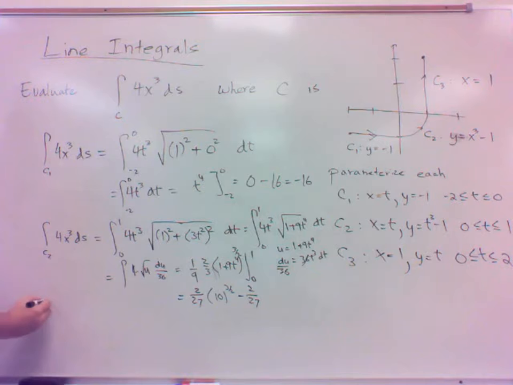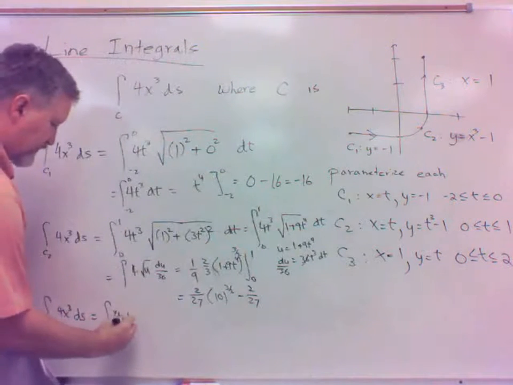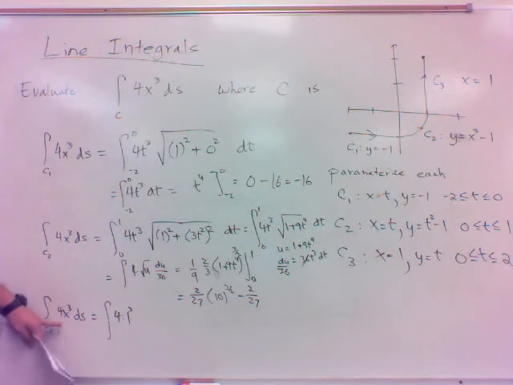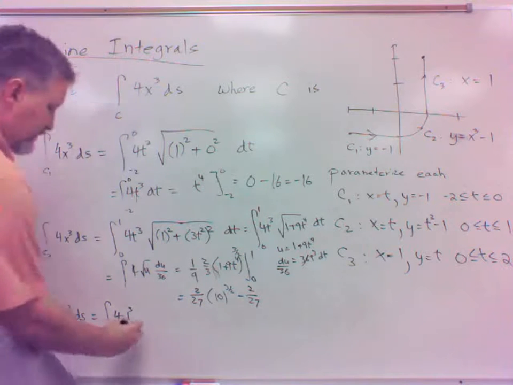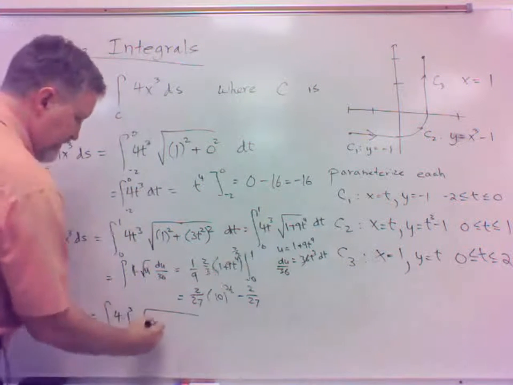All right, so then the integral over C3 of 4x cubed ds, well, in C3, x is 1, so that'll just be 4 times 1 cubed for 4x cubed, right? And then the square root, well, dx/dt would be 0.